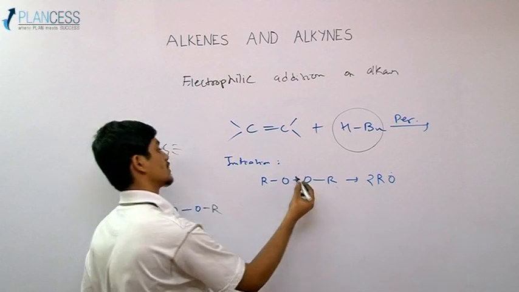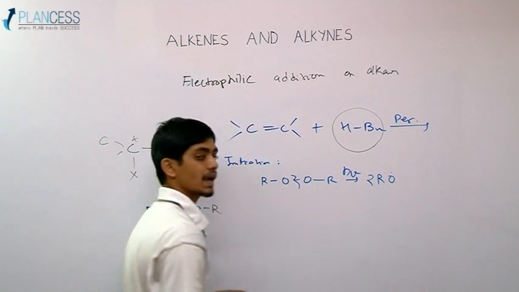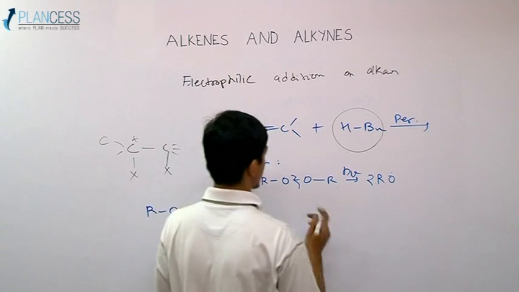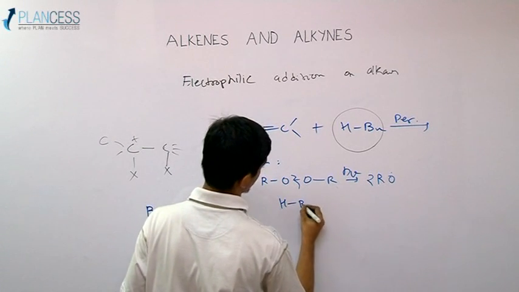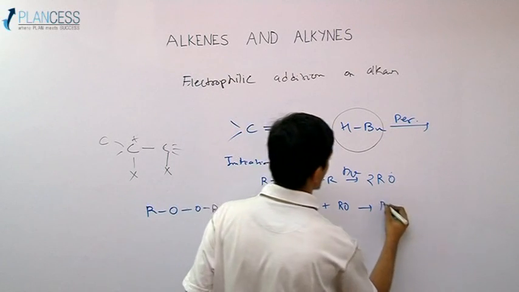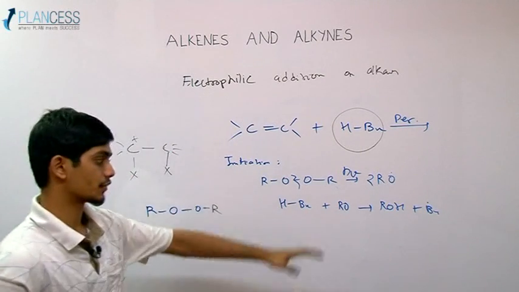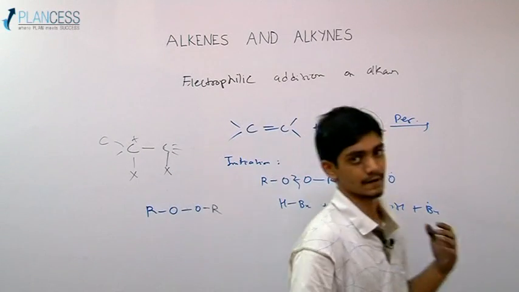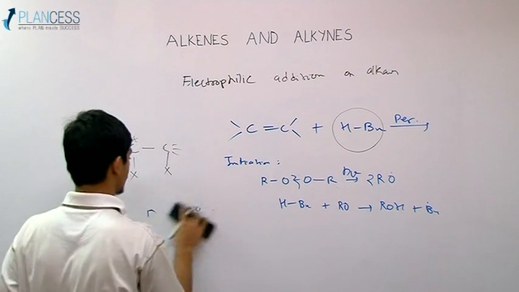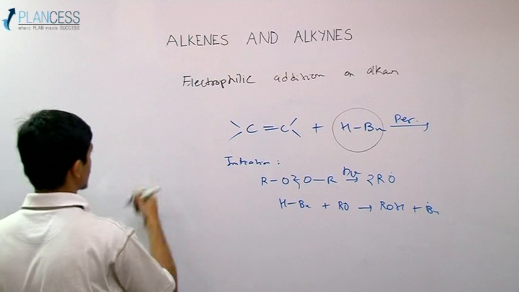That is, this bond is quite weak and it can be easily broken by application of heat or light, and we can get some RO free radicals. And then what happens? This HBr plus RO free radical gives you ROH plus Br free radical. So our free radical for this reaction is generated. So next what we do is we go for the propagation steps. We have got the initiation, now let us go for the propagation.